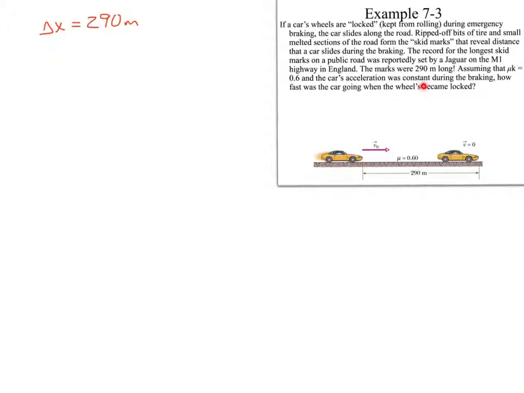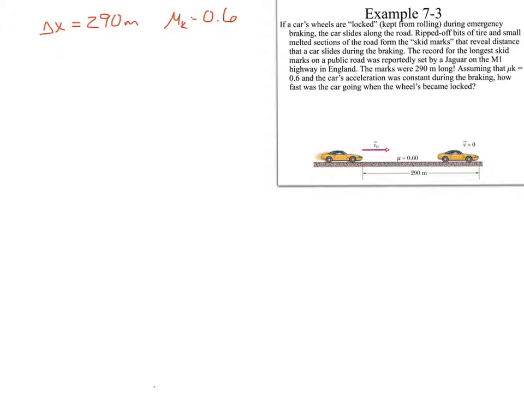Let's write down everything else we know. First of all, the mu k, the coefficient of kinetic friction between the wheels and the pavement, was 0.6. No units, it's just a coefficient. What else do we know about this scenario?